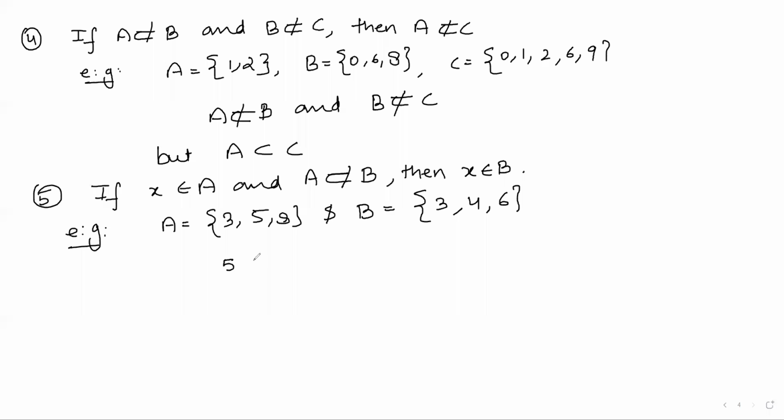Now 5 belongs to A, and A is not a subset of B. However, 5 does not belong to B. So if there is a value in set A, and A is not a subset of B, then this value does not belong to B. So this is false.